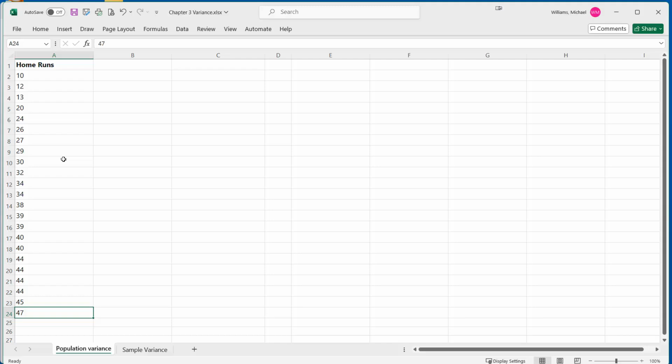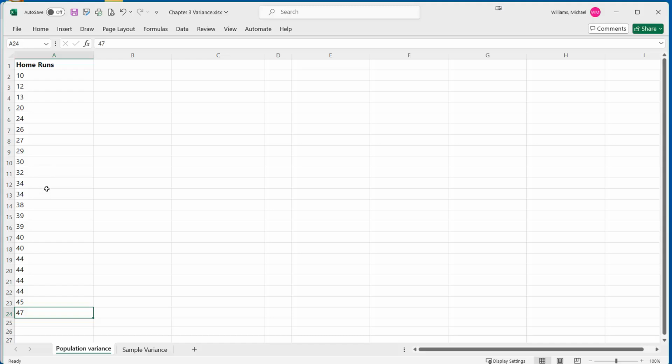So these measures of dispersion, which statisticians have figured out, called variance and standard deviation, not only give you some idea of how spread out the data is, but also how squished it is toward the middle. Now, Hank Aaron's home runs, I don't know, they don't seem too squished toward the middle.